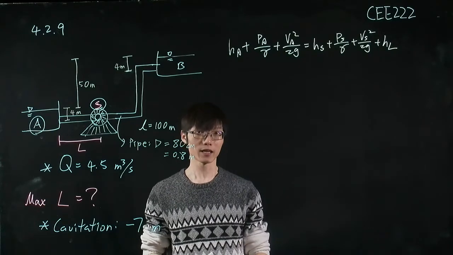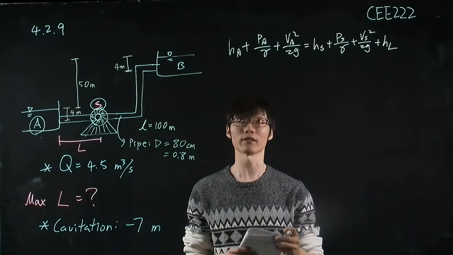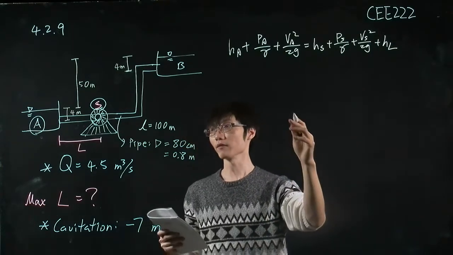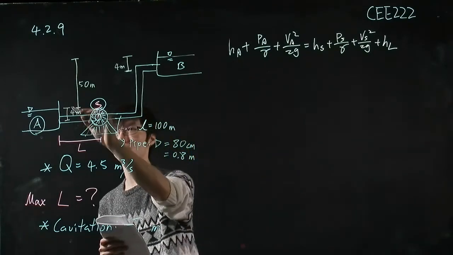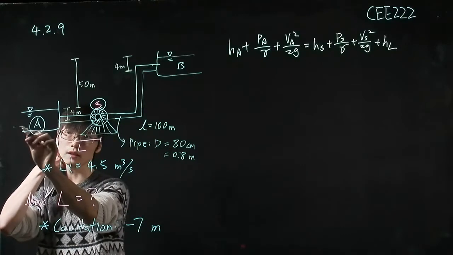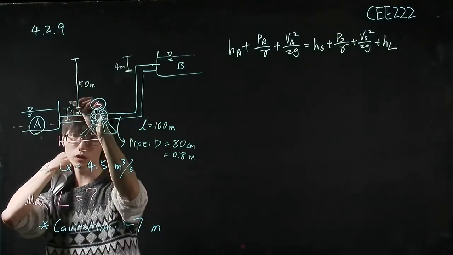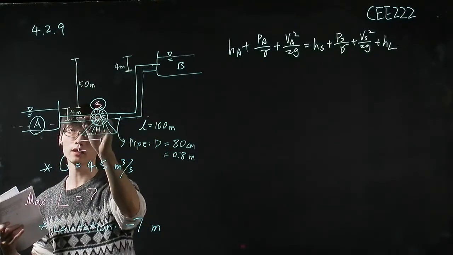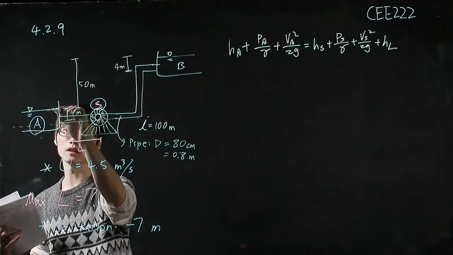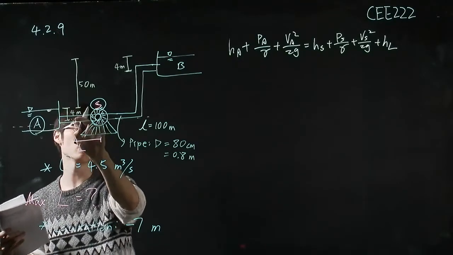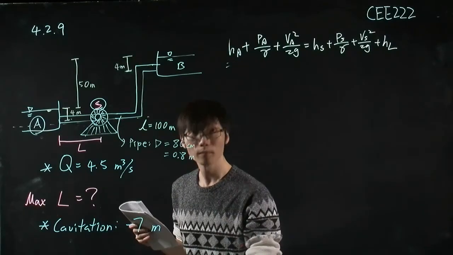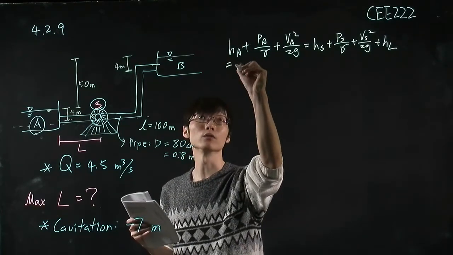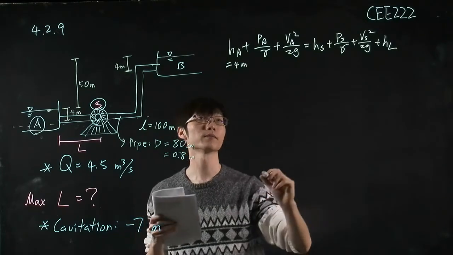What is the next step? To simplify it, right? So how can we simplify it? We know HA, if we choose the datum at this line, we use the surface height here, which is equal to 4 meters. So this term is equal to 4 meters.